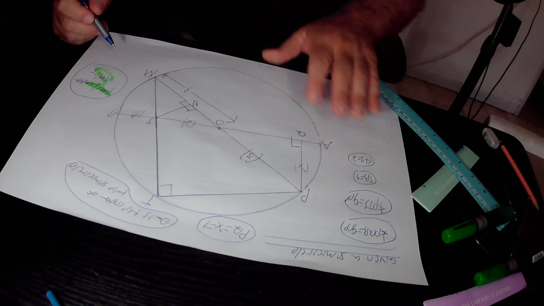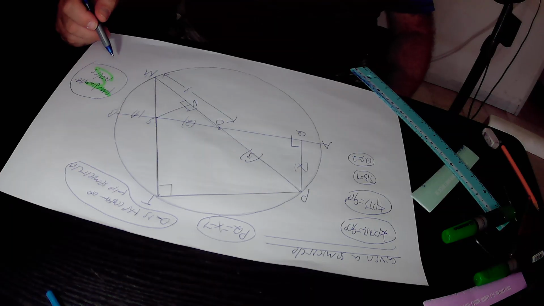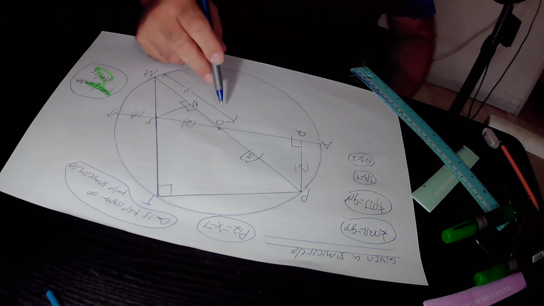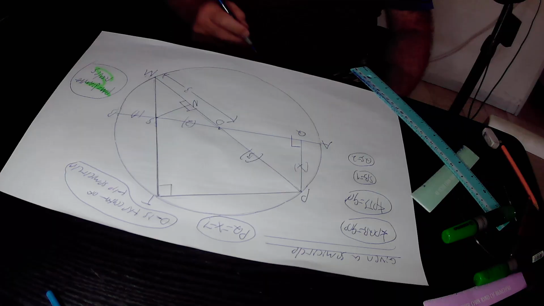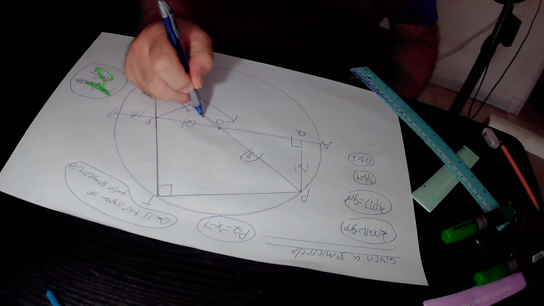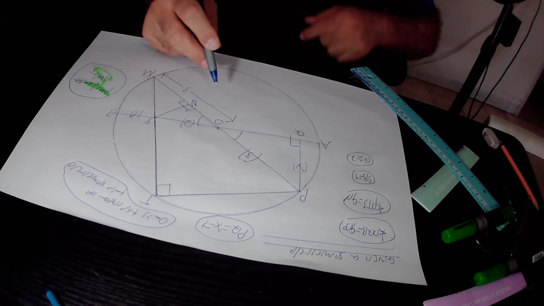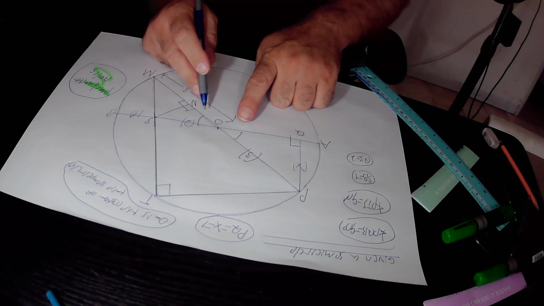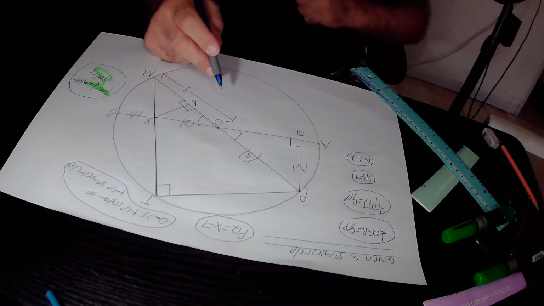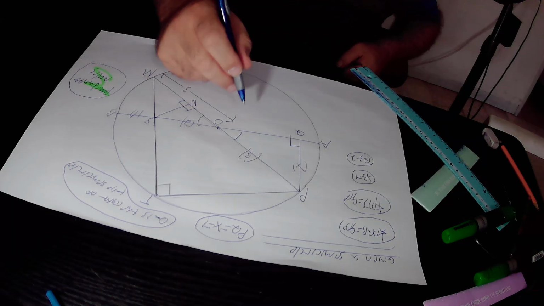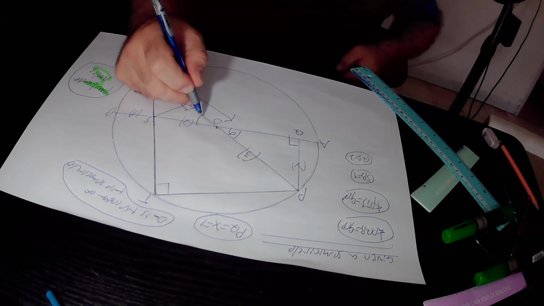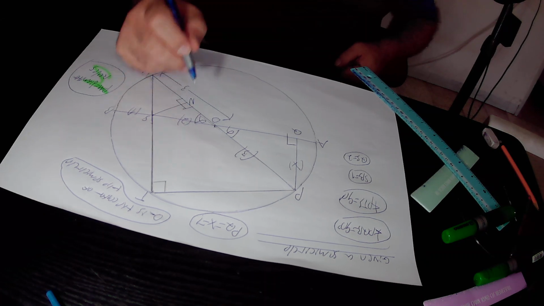By doing this construction, we can make the small right triangle SNO. Those two angles are vertical angles, and we know that vertical angles are equal to each other. So if we define the size of this angle as alpha, then the size of this angle must also equal alpha.